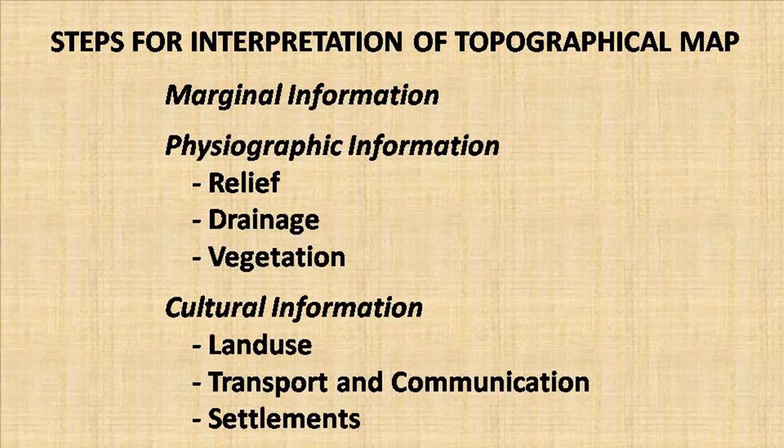After interpreting the physical features, we start the interpretation of the cultural features. First, try to identify the land use, then the means of transport and communication, and at the last we can try to identify the settlement and their type. So dear learners, this is all about the topographical map. Thank you.